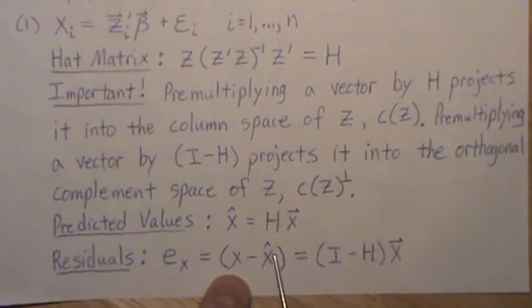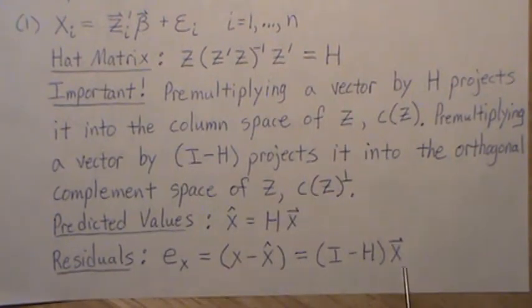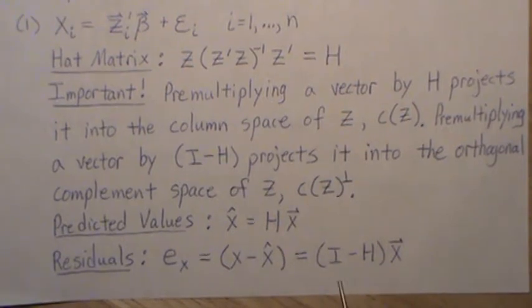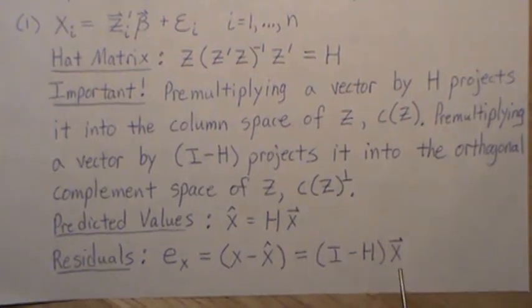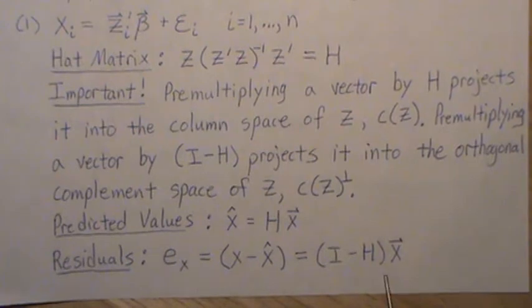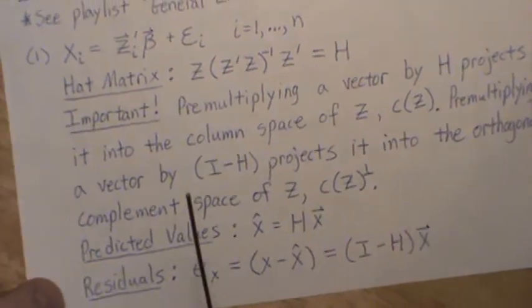But if we plug in what the predicted value is, we can right factor out an X. So then we have I minus H times X. So this is the residuals, and notice that it's onto the orthogonal complement space of Z, of our data matrix. And that is hugely important, which we'll see in a second.